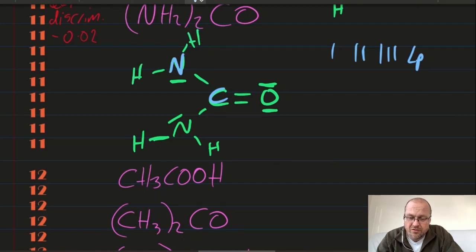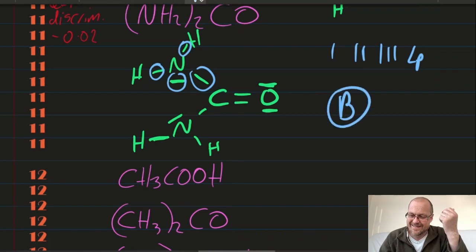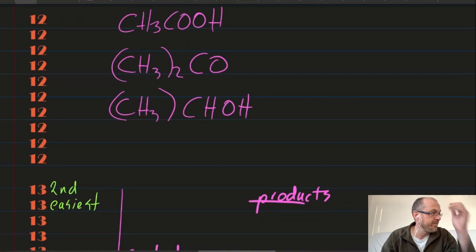The electron domain geometry for the nitrogen is tetrahedral because there's 1, 2, 3, 4 pairs of electrons. So trigonal planar and tetrahedral. B, 11B. I'm not sure I would have noticed that unless I saw in the examiner's report that it was reverse discrimination.